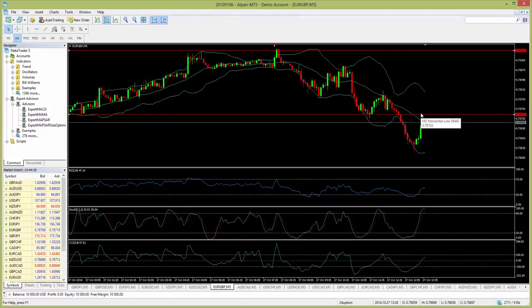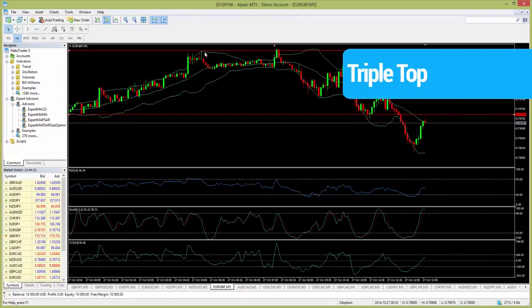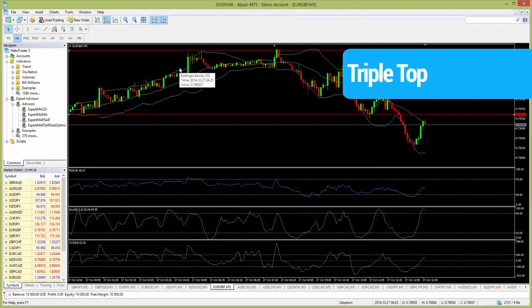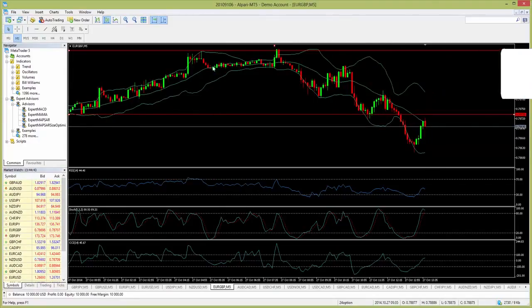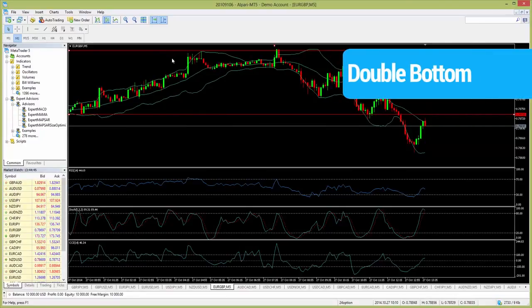And even stronger than a double top is a triple top. I might be able to find some in the charts later. It also works in the opposite direction. So when the price is on a downtrend and you see a double bottom, then it's very likely that the trend is going to change.